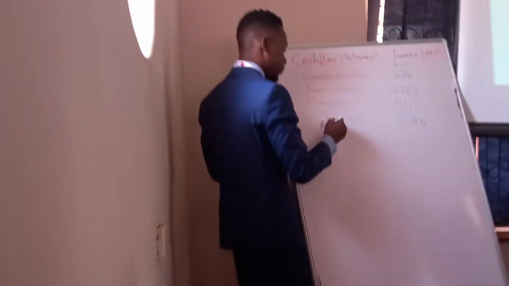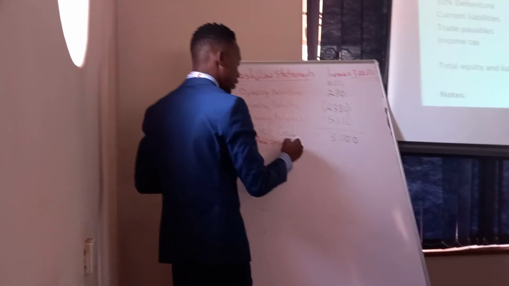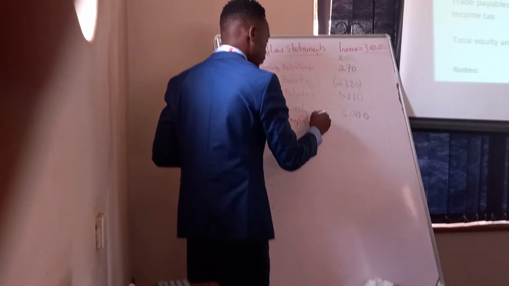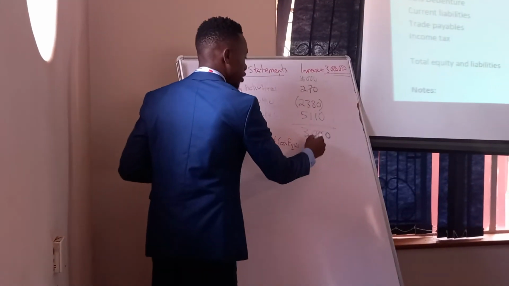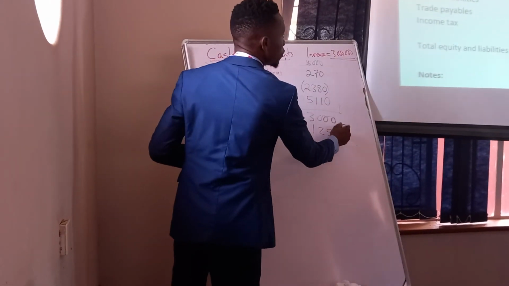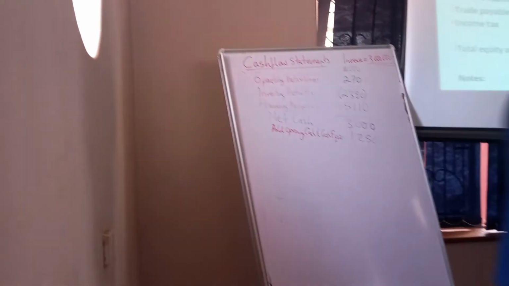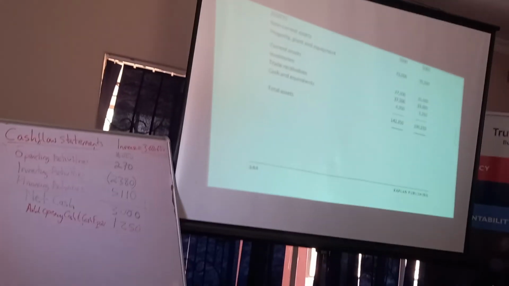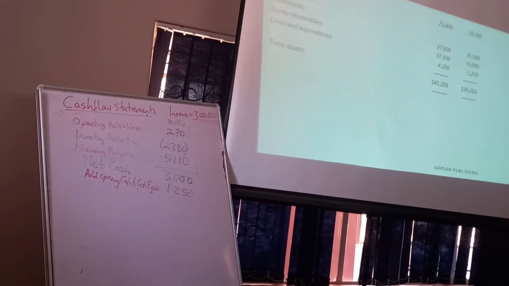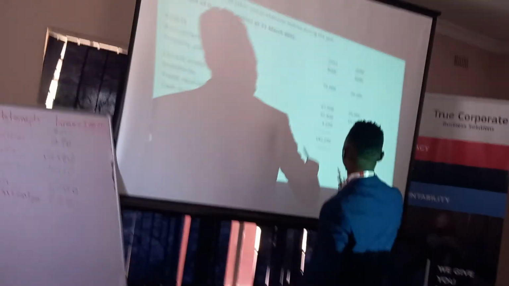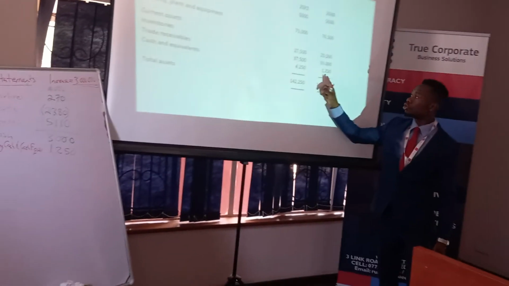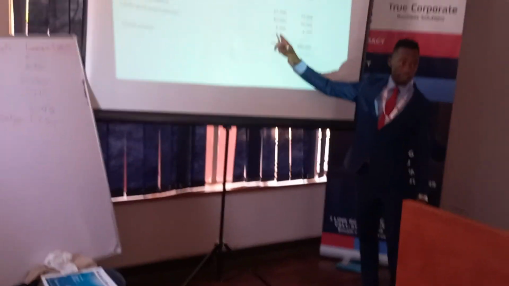the opening cash balance. What is our opening cash and cash equivalents? On the question, it is 1,250, right? That was the balance from cash in current assets. You see that? So we want to prove that our balance is going to move from this to this, right?